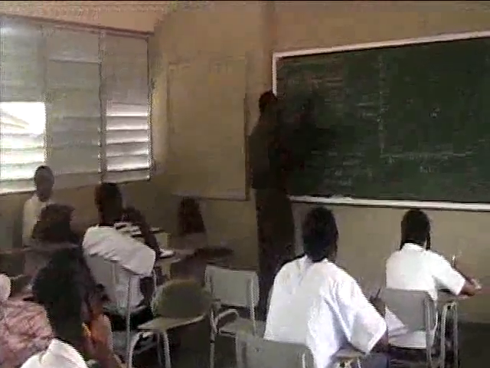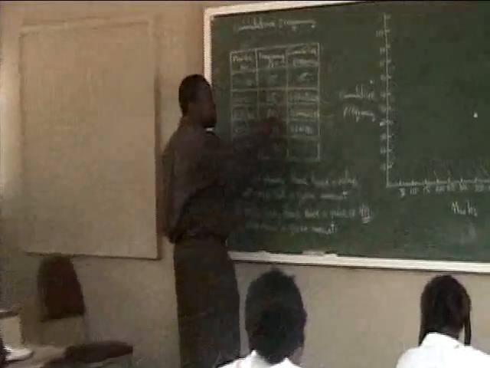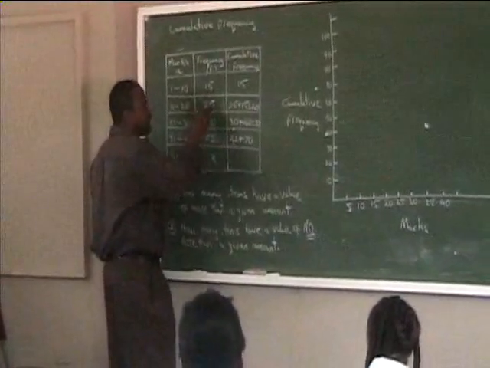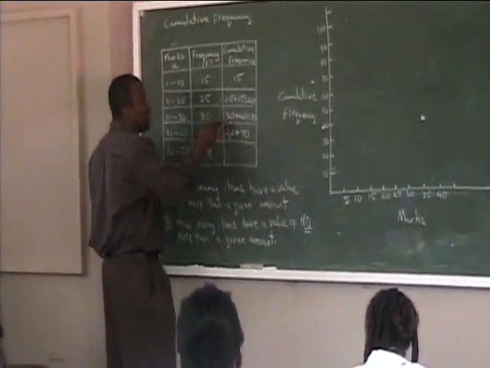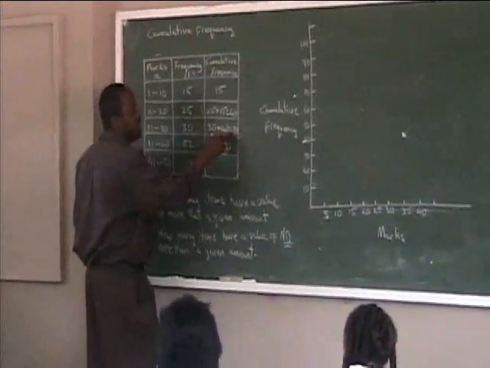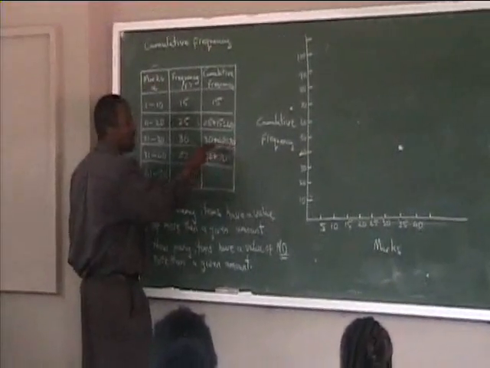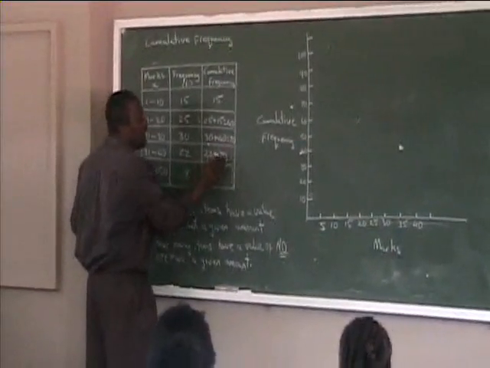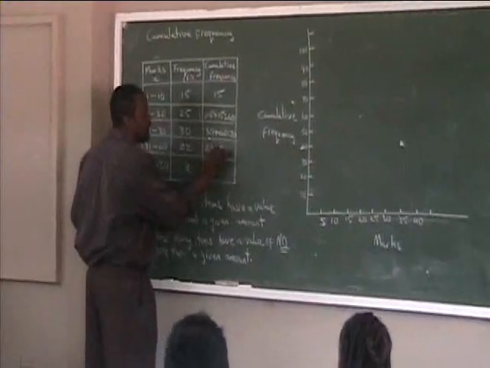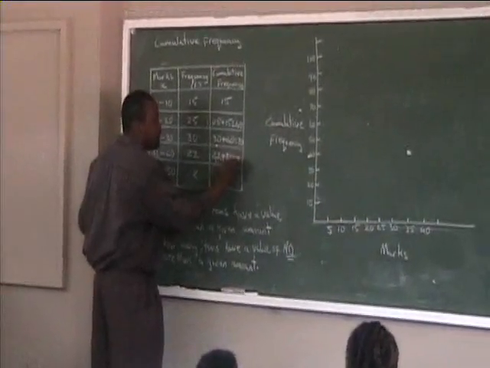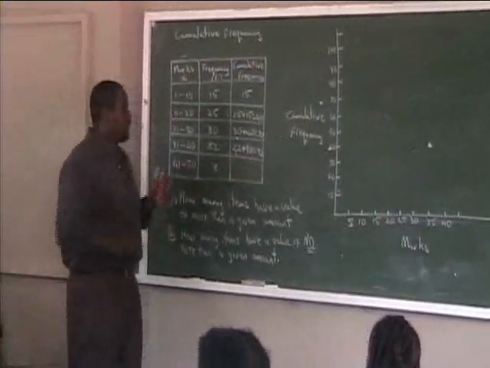Why are we adding 70? Because all the frequencies that went before give you the sum of these, but we have 15 plus 25 plus 30, which we already have as 70. So all we have to do is add 22 to 70. And 22 plus 70 will give me 92.